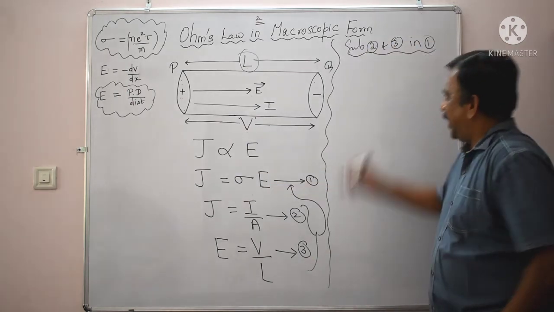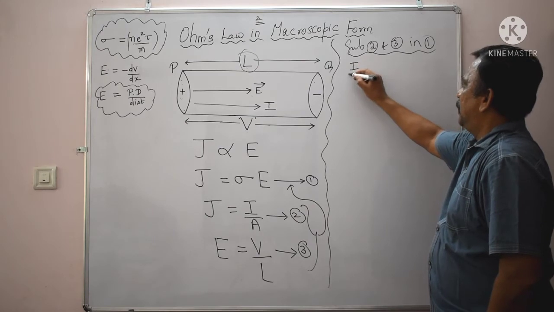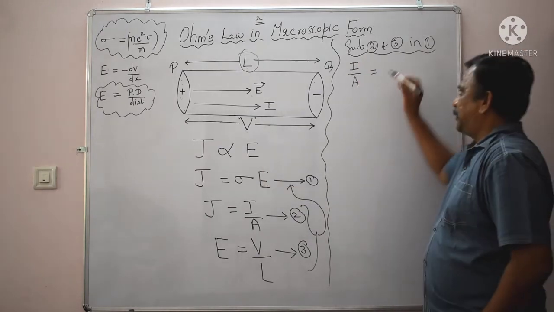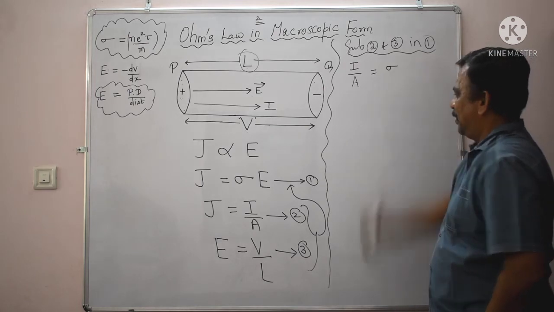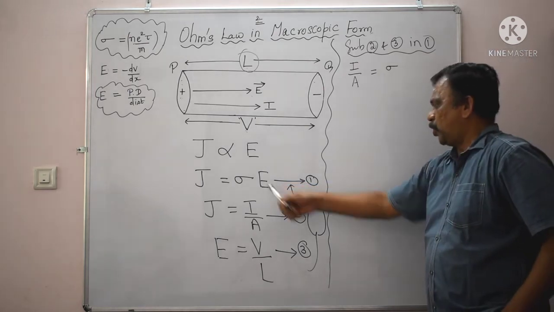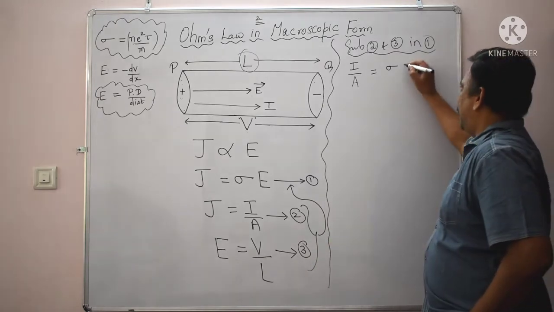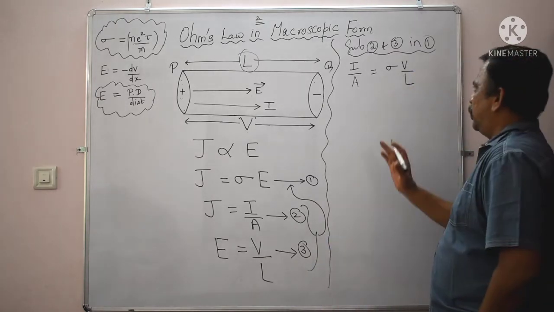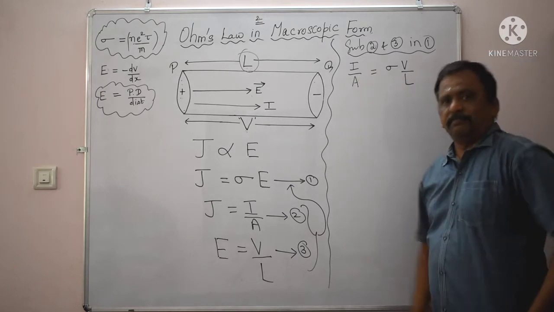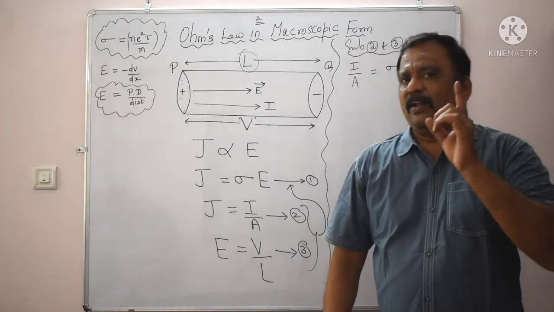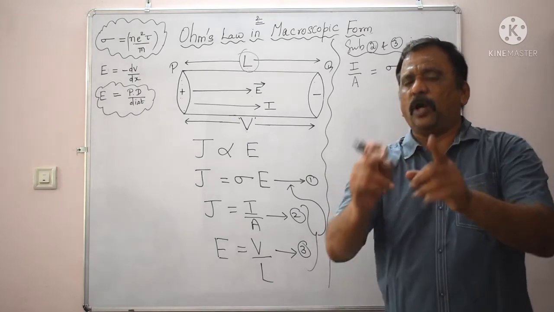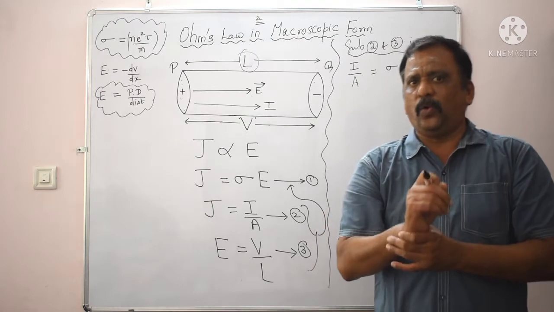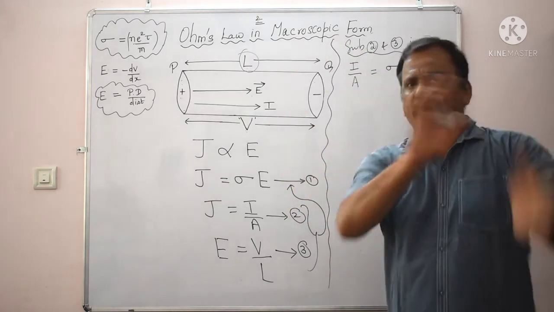Instead of J, let me substitute I divided by A: I over A equals, let me keep sigma as such, it's a constant, don't forget, and instead of E, let me substitute V by L. Now I am going to rearrange this expression so that one side contains voltage V alone and all the other terms are on the other side.